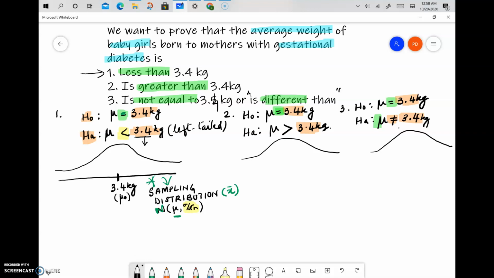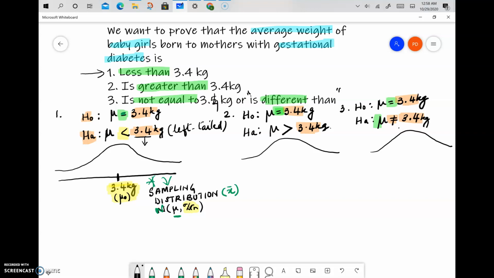Now, we're saying that for the sake of argument, we're going to assume that 3.4 kilograms sits in the center of the distribution, which means let's make an assumption that the average weight of all baby girls, so that is the population mean, is equal to 3.4 kilograms. Now, obviously, we're not saying that the mean is 3.4 kilograms.